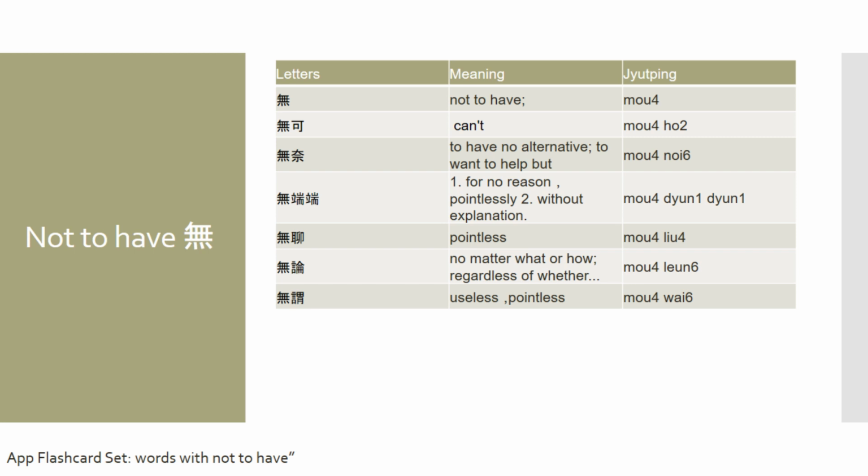No matter what or how, regardless of weather in Cantonese, it is mo lon. Useless or pointless in Cantonese is mo wai. Now, if you wish to review these words in the Android app, please look at the flashcard set named words with not to have.